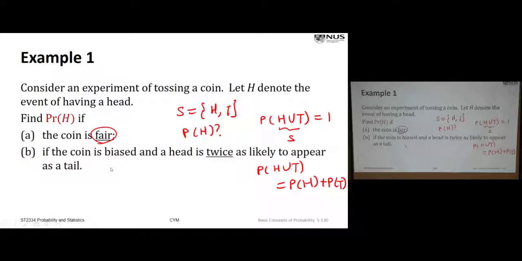It's not exactly axiom 3, because axiom 3 talks about an infinite union of mutually exclusive events. We just have 2, but it still applies. We can show that axiom 3 lets us derive the probability of a union of finitely many mutually exclusive events.